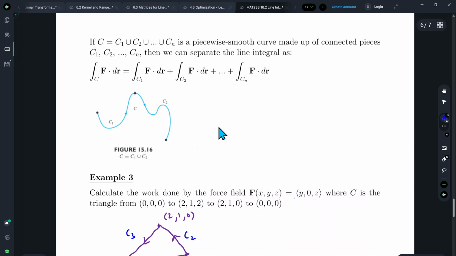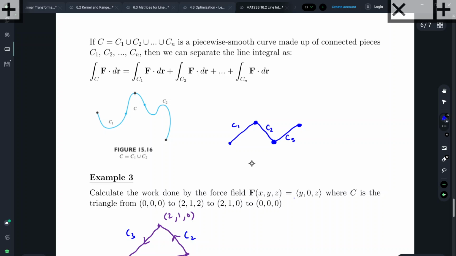But say, for example, you have a curve made up of several line segments like this, where this is C1, this segment is C2, and this segment is C3. So C would be C1 union C2 union C3.